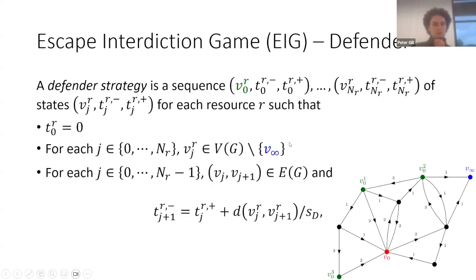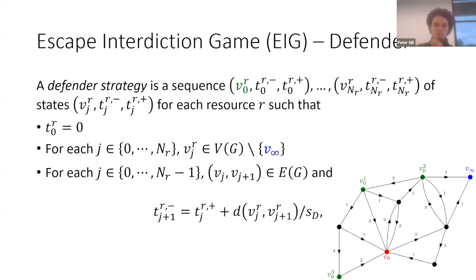And then for each edge that I traverse, I'm again restricted by the fact that I have to travel within my speed there. But notice, unlike the attacker, the police always go at max speed. If you think about it, it doesn't make sense for police to not go at max speed, because they want to always spend time occupying nodes rather than traveling along an edge.